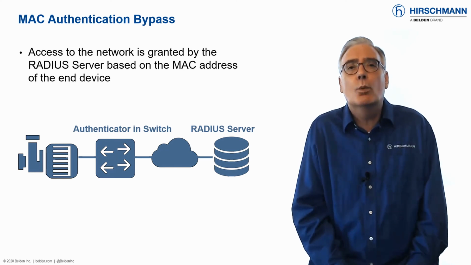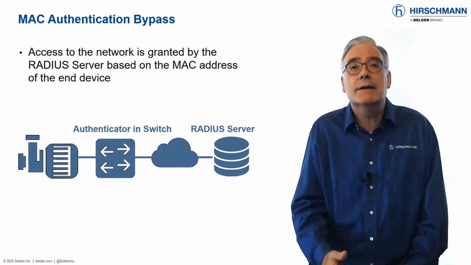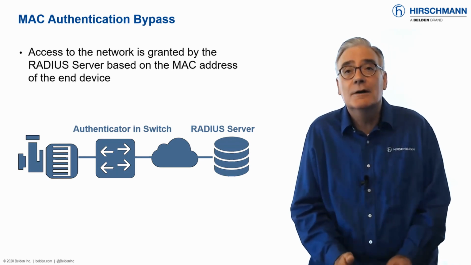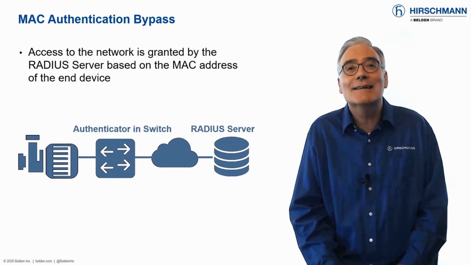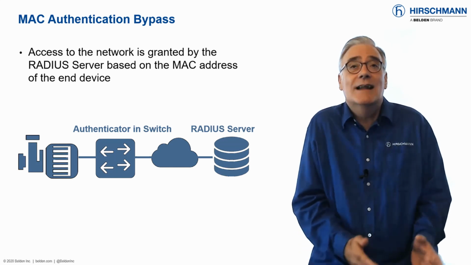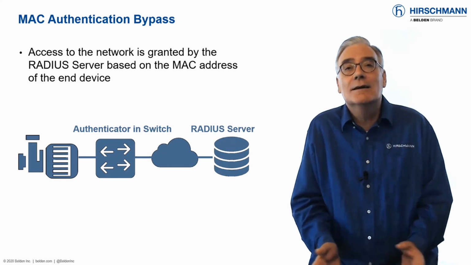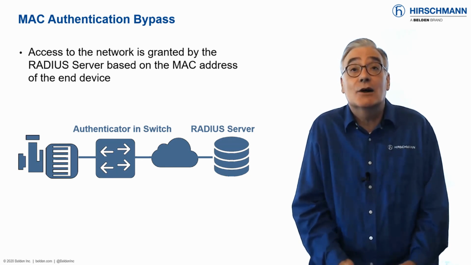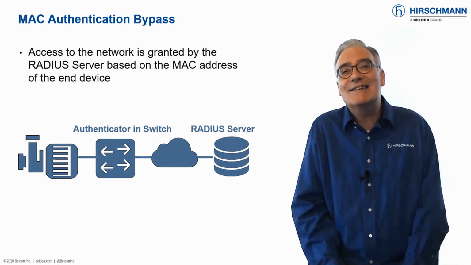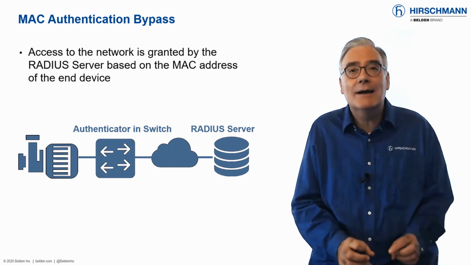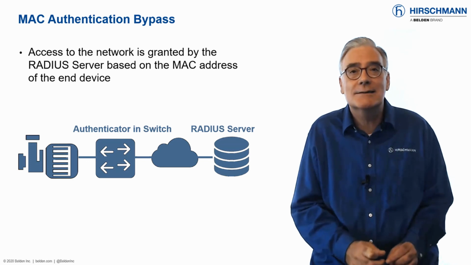802.1x authentication works well in modern networks where all devices support the protocol. But in OT networks, many industrial devices do not support 802.1x. So, does this mean that you cannot use authentication for network access at all? Actually, no. iOS supports a feature called MAC authentication bypass.